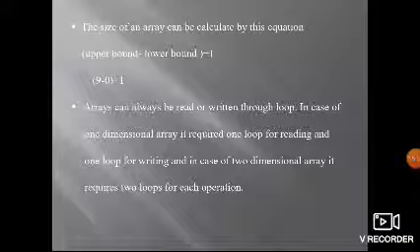So 9 minus 0 gives 9, plus 1 equals 10. So the size of the array is calculated using upper bound minus lower bound plus 1.